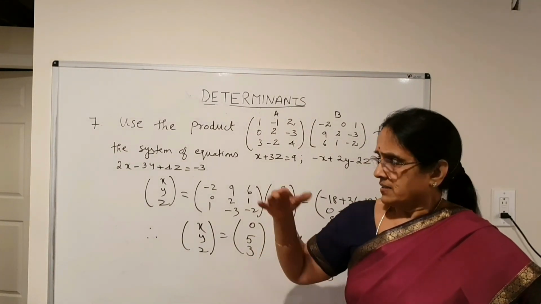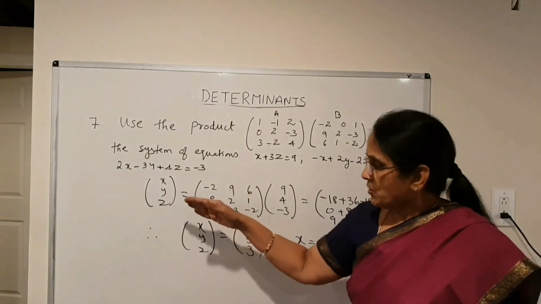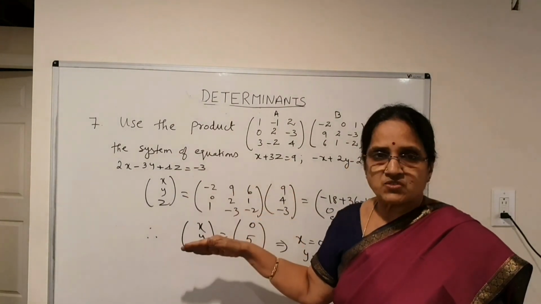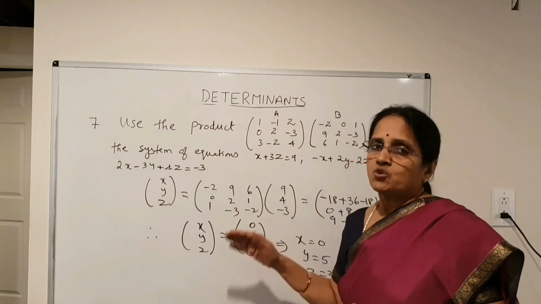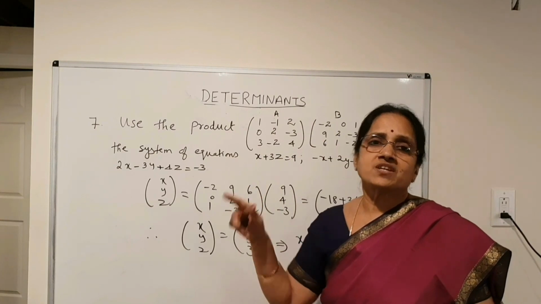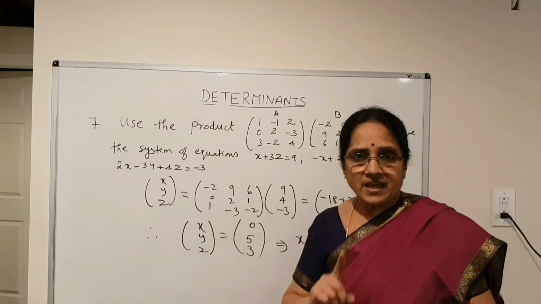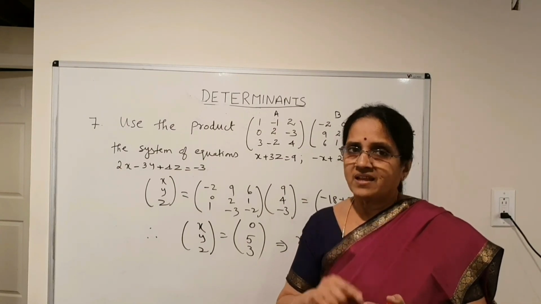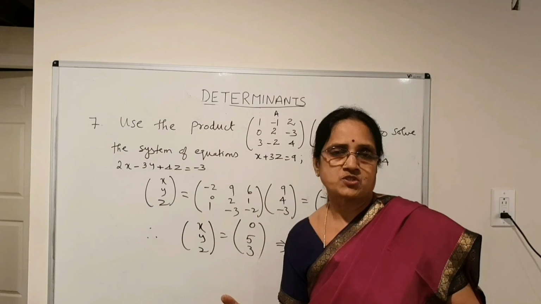Then, a slight change will be there in the question. When you put the given equations in matrix form, instead of getting AX equal to B, you may even get A transpose into X is equal to C. In that case, you need to be careful. You have to write A transpose, the whole inverse is nothing but A inverse, the whole transpose.